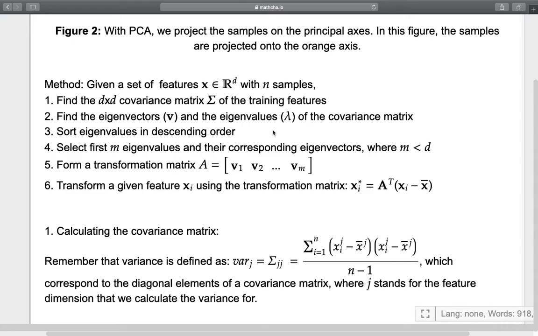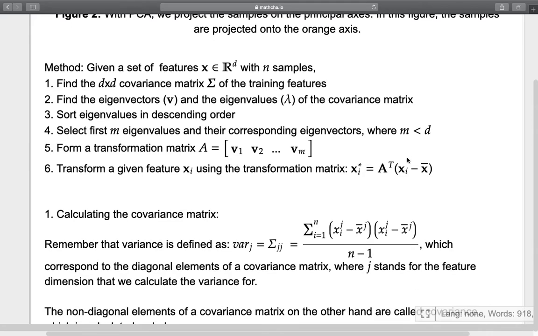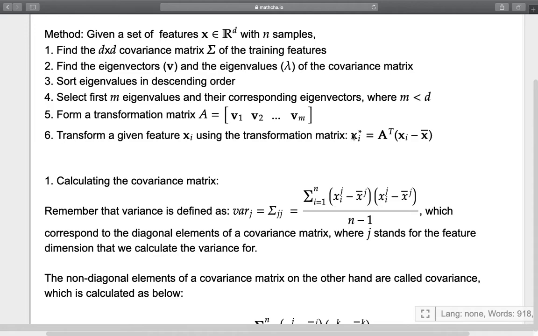So we select m eigenvalues and we also select their corresponding eigenvectors, where m is less than d. This should be the case for a reasonable principal component analysis, because when m is equal to d, we don't gain anything by our analysis.